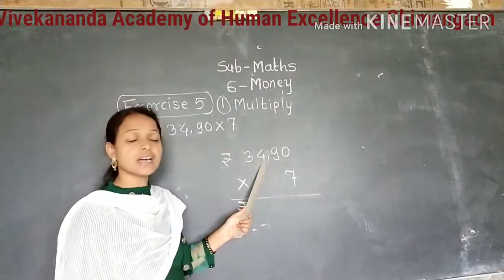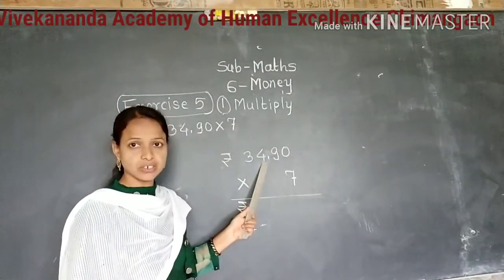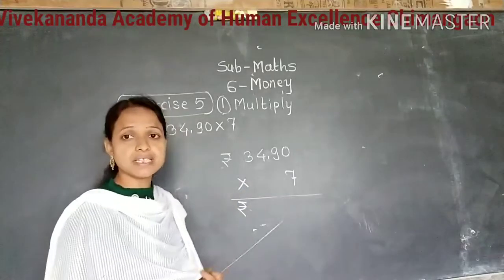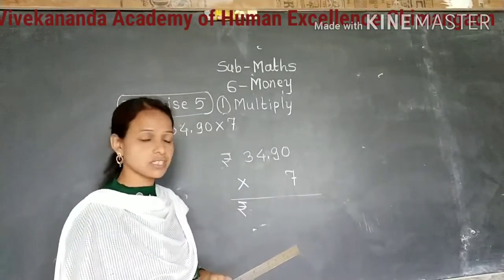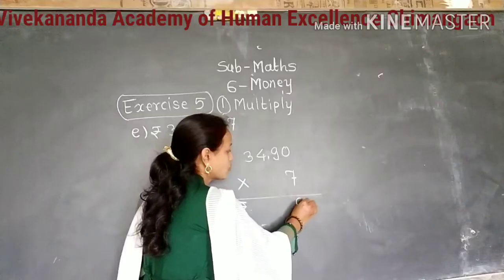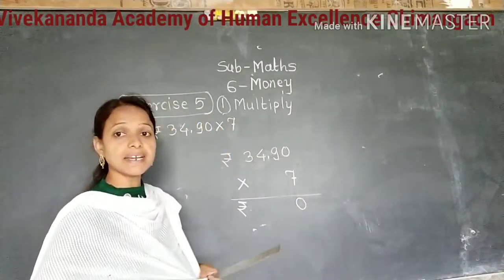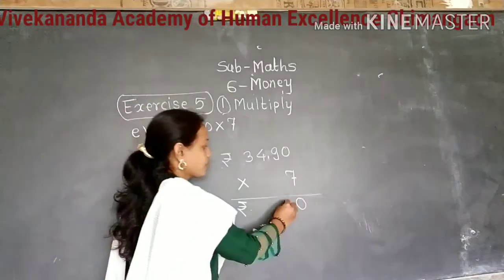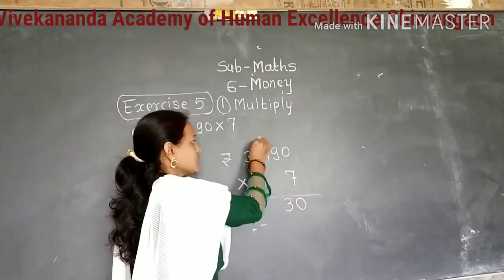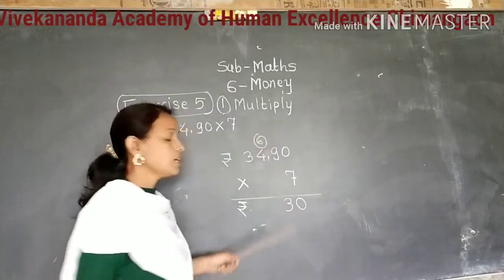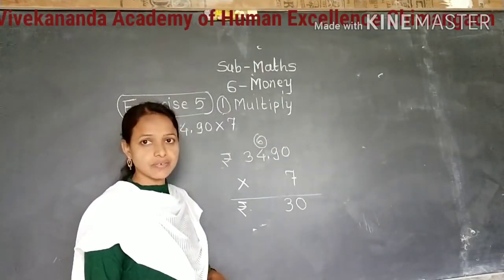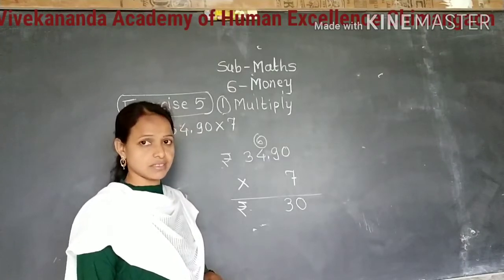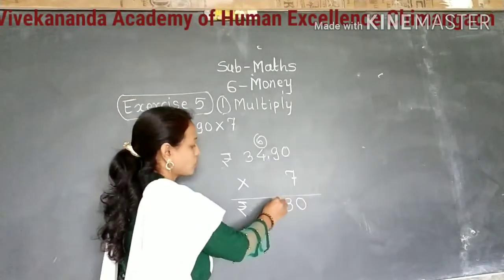Okay. So here I arrange rupees and paise by putting the dot. Now we multiply 0 by 7. When we multiply 0 by any number we get product 0. So 0 right here. Then multiply 9 by 7. 7 9s are 63. So 3 right here and 6 carry. Now multiply 4 by 7. 7 4s are 28. 28 plus 6 is 34.